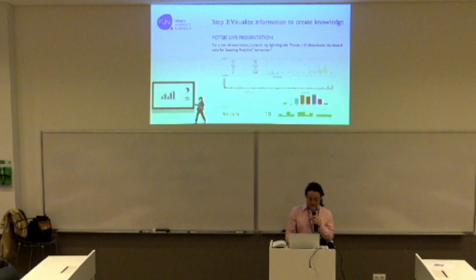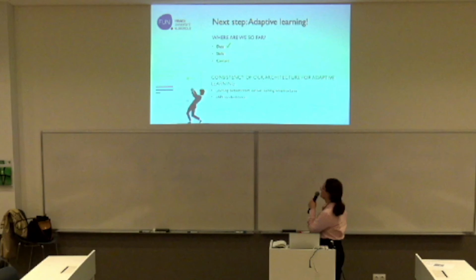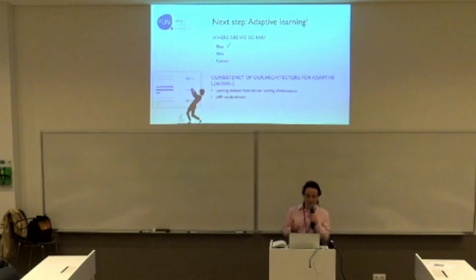So data-driven learning is the first step of adaptive learning. Now, in our backpack for the journey to adaptive learning, we have initiated the data component. But what we need to do next, as I said in the introduction, is that bringing an intelligence layer to a system is first of all bringing a structure layer to the system.